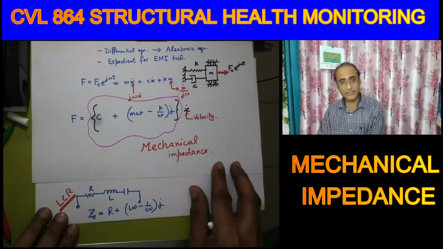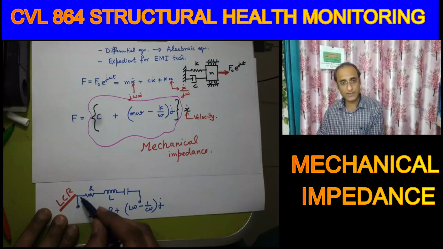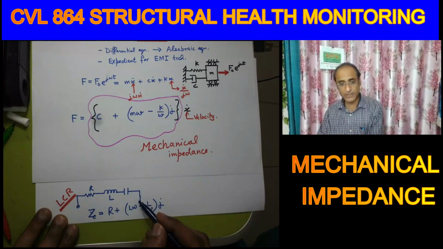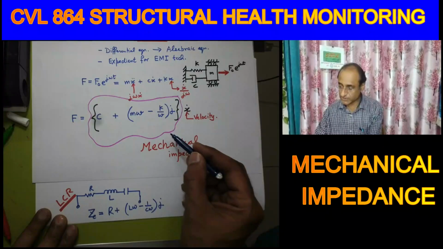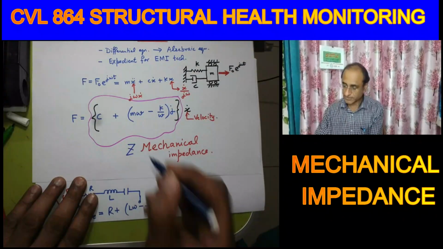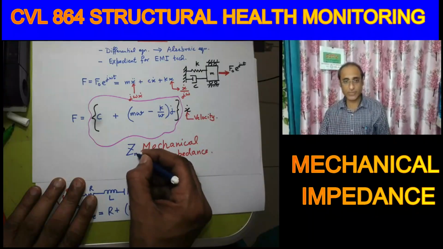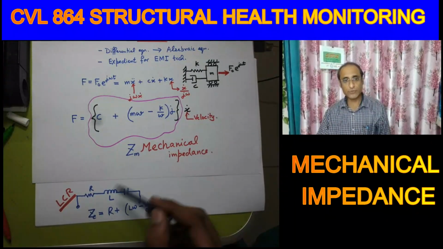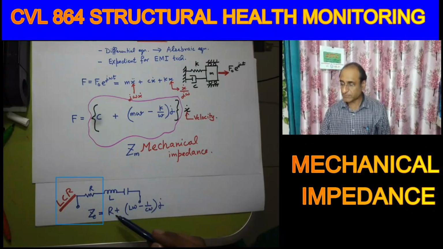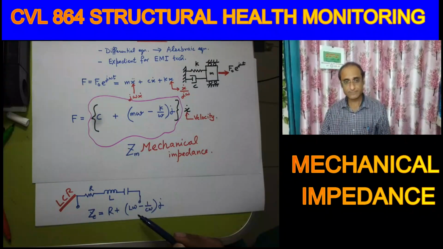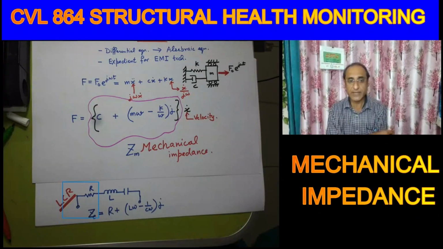We have the LCR circuit, where we find the electrical impedance consists of the resistance part and the other part, and similarly we have the mechanical impedance. Here we are using the simple Z, or Zm also you can use, doesn't matter, to distinguish it from the electrical. Do you see any similarity or any analogy between the two?